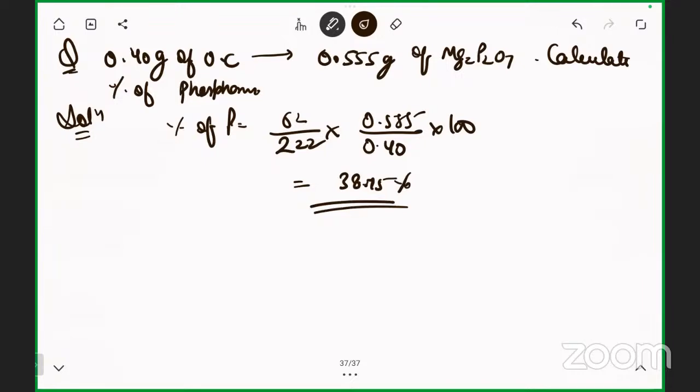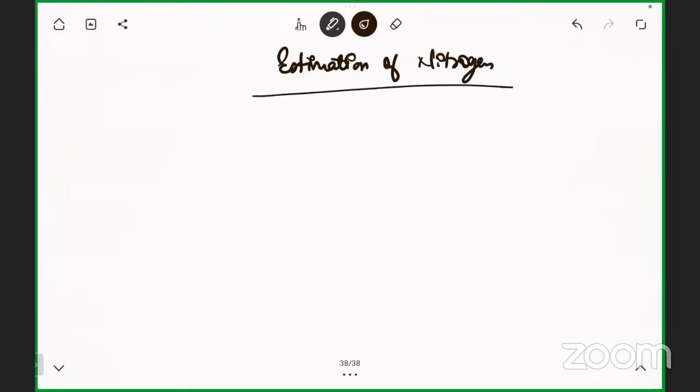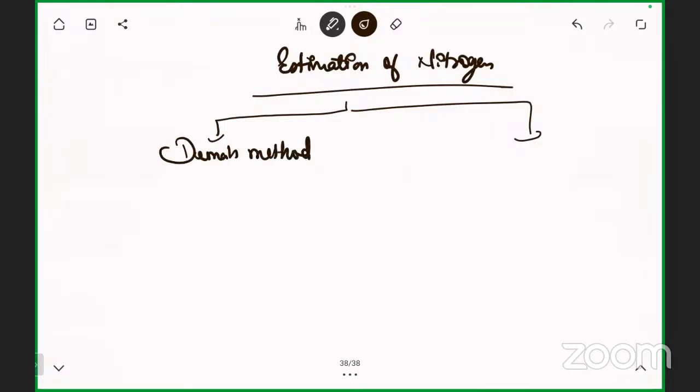Yes, sir. Okay. Let's discuss the last estimation, that is estimation of nitrogen. See, for the estimation of nitrogen, we have two methods. One is Dumas method. Another one is Kjeldahl's method.